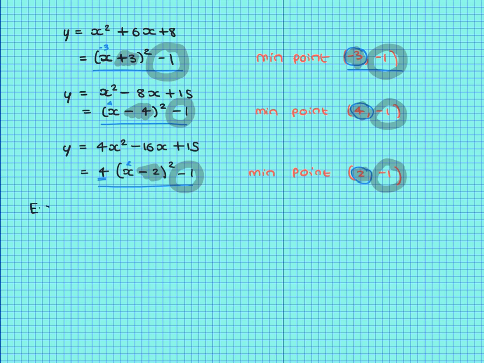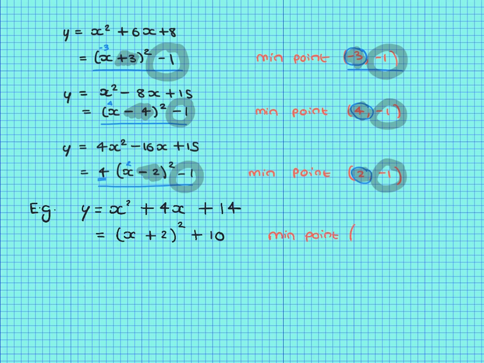For instance, if we have y equals x squared plus 4x plus 14 as a different example, I'll complete the square, which is y equals x plus 2 all squared plus 10. Can you work out what the coordinates of the minimum point are going to be?